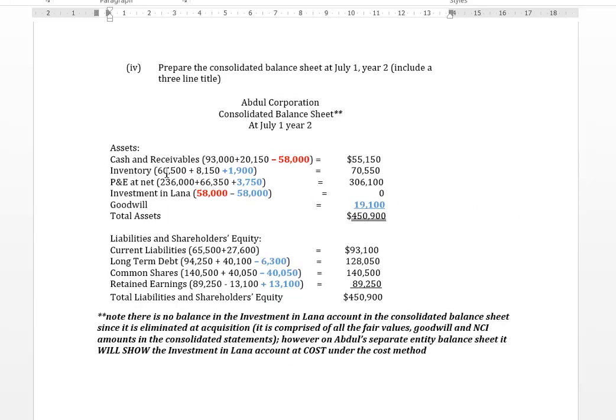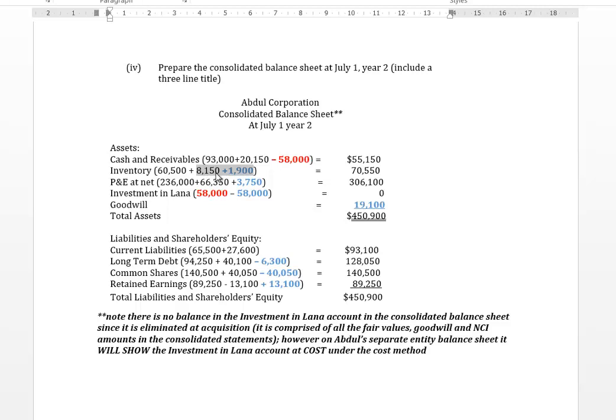Don't forget, I picked up my carrying value as Abdul of my inventory, Abdul's inventory, the carrying value of Lana's plus the fair value increment. So together, here's my $10,050 in fair value. Don't forget, when I'm doing the consolidated statements under the acquisition method, what am I doing?